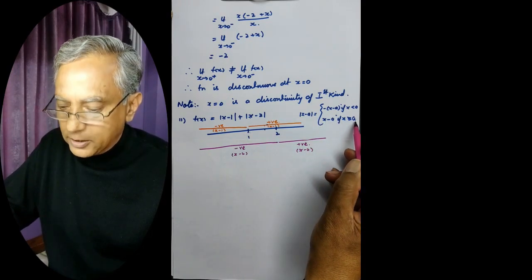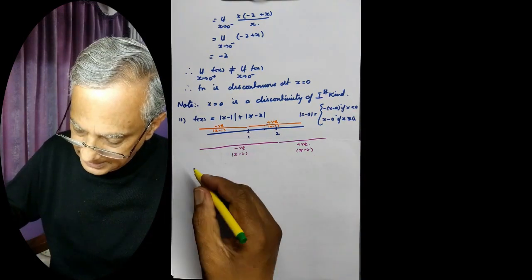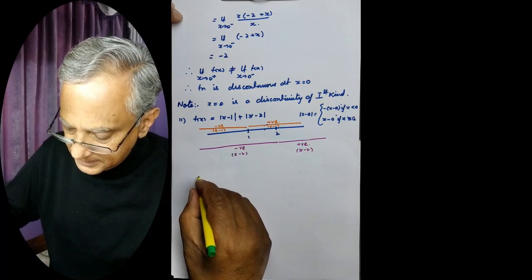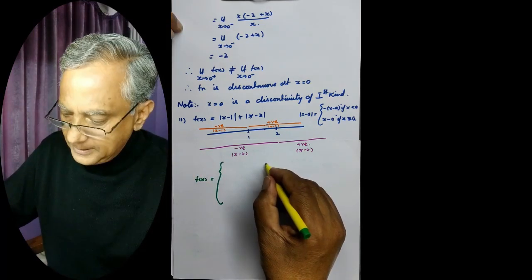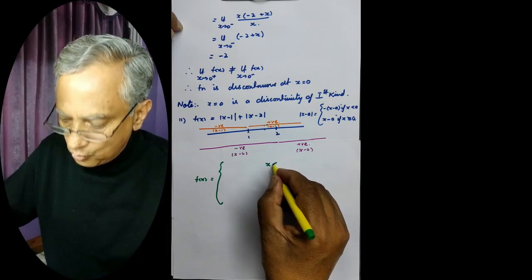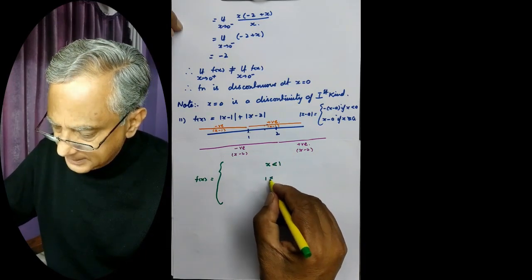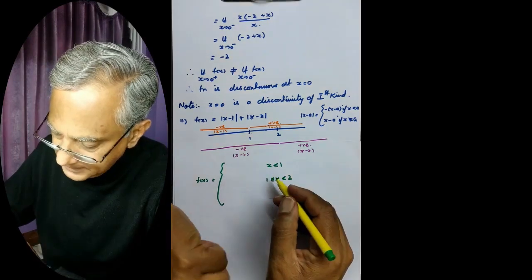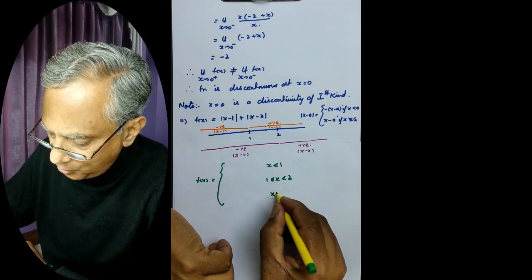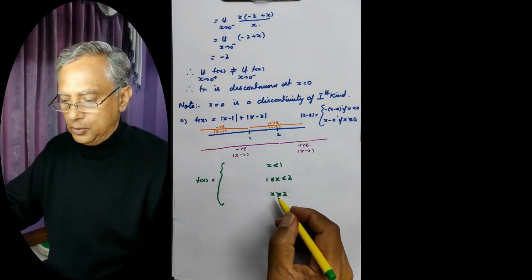So here we are including equality. So what we do is we write this function as f(x) is equal to. First interval will be x less than 1. Next will be 1 is less than or equal to x is less than 2. And third will be x greater than or equal to 2.